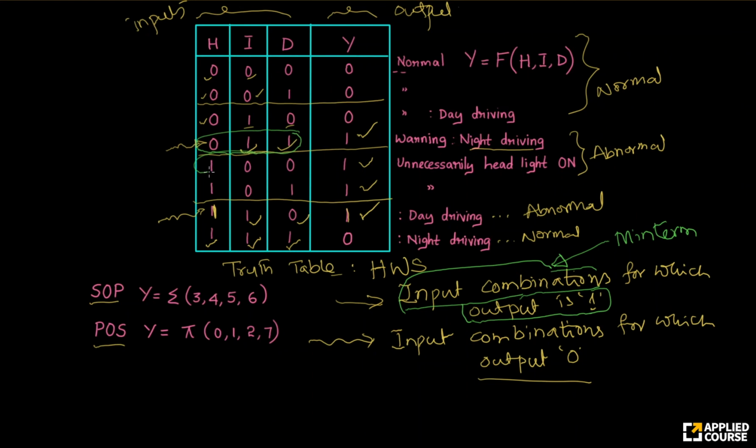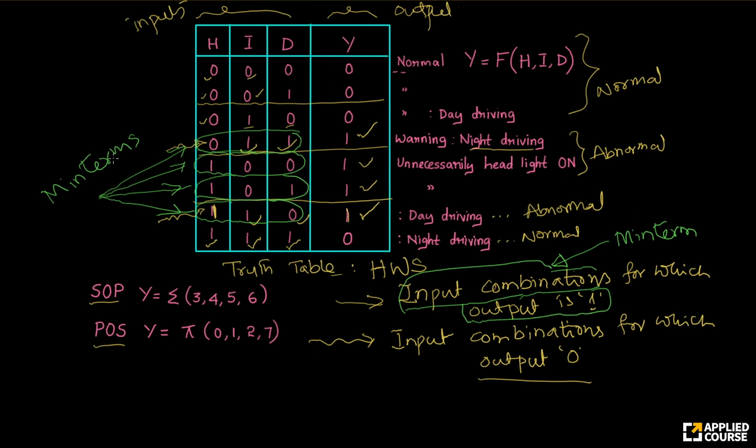This is another input combination for which output is 1. This is another, and this is another. Hence, these are called min terms. Soon we are going to see what a min term is and how to provide an expression for the min terms.